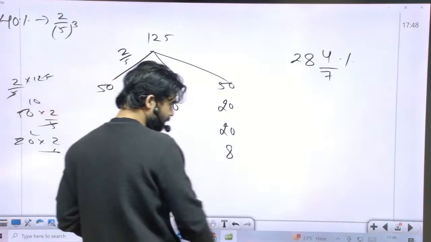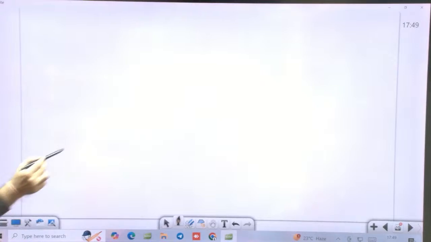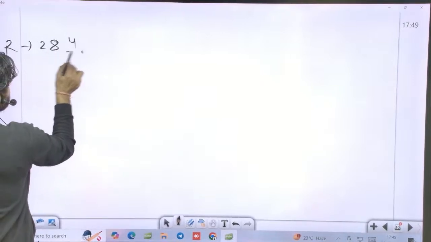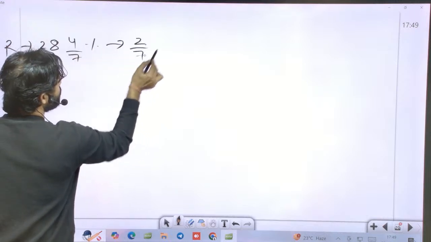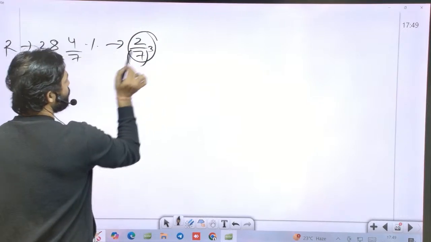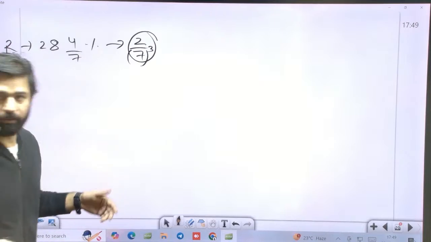First of all, 28 4 by 7. What is the rate of interest? That is 28 4 by 7%. This is nothing but 2 by 7. The time period is 3 years, so we have to cube it. The cube of 7 is 343.